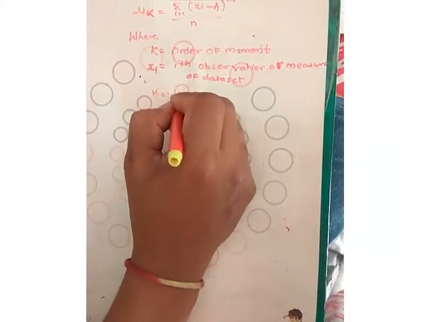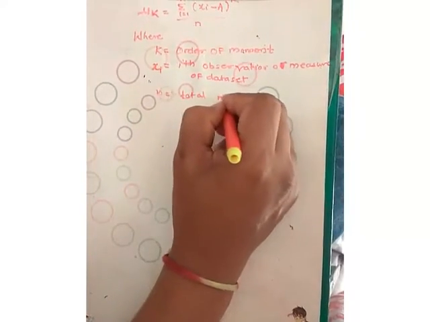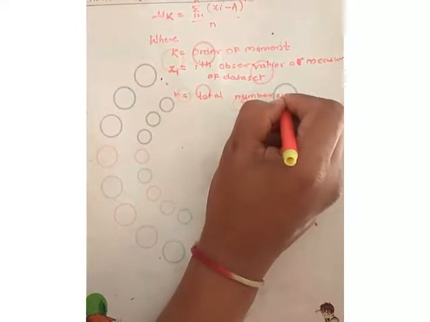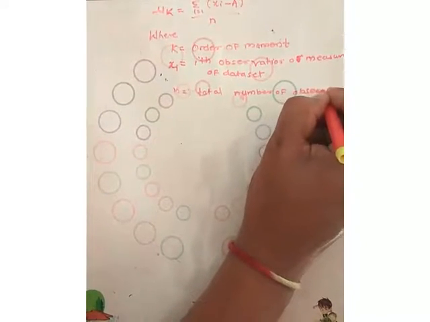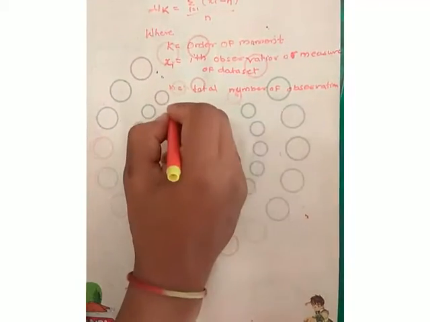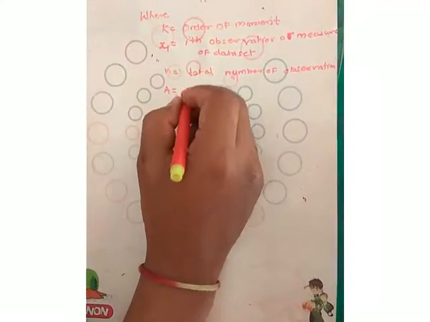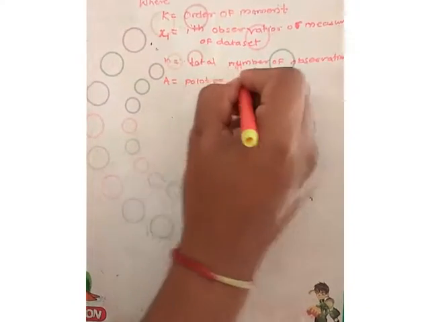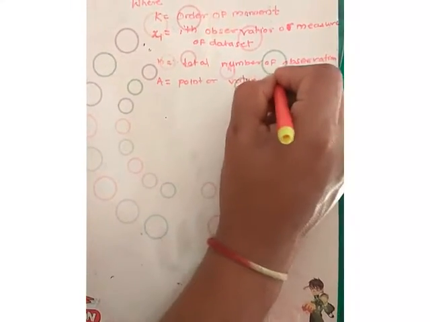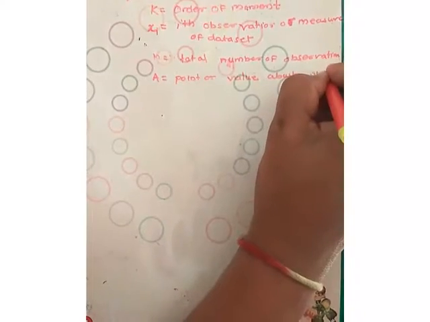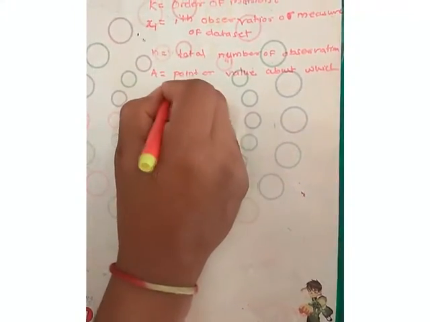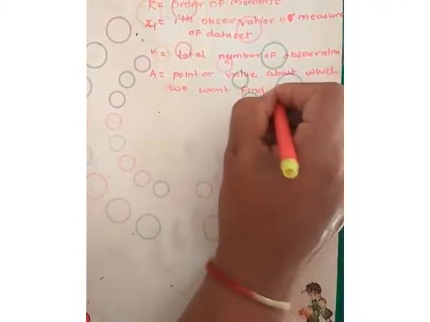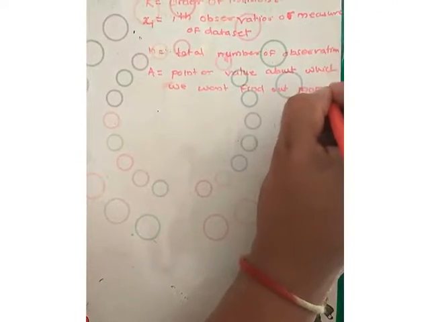Now n is the total number of observations, and a is the point or value about which we want to find the moment.